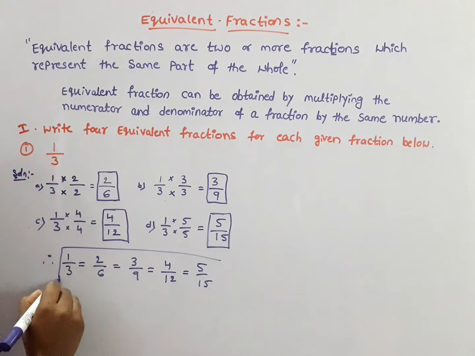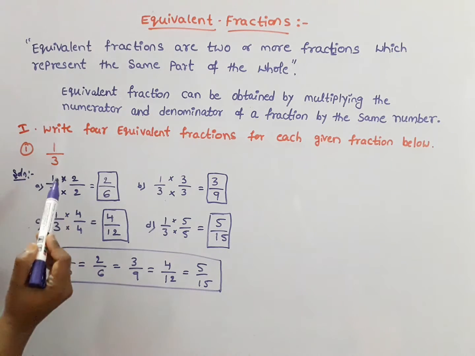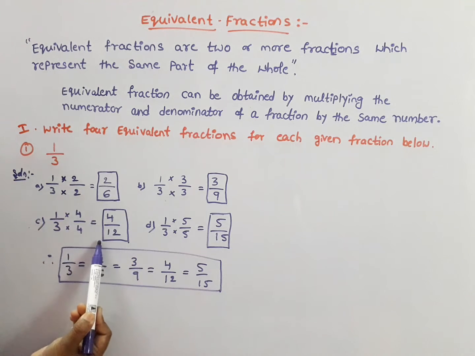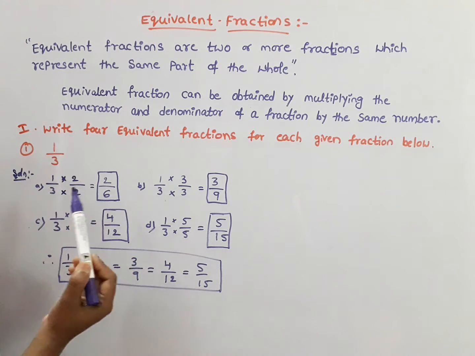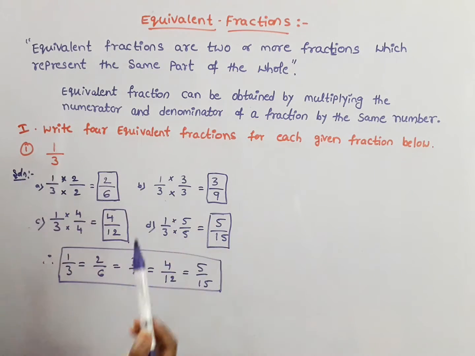This is the answer. And one more thing, if they ask to write 3 equivalent fractions, it means you have to write up to the third one. If they ask to write 5 equivalent fractions, you need to do one more step.